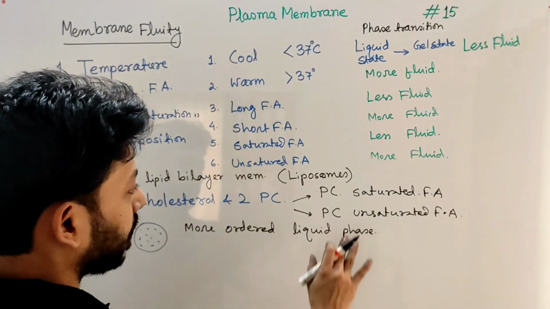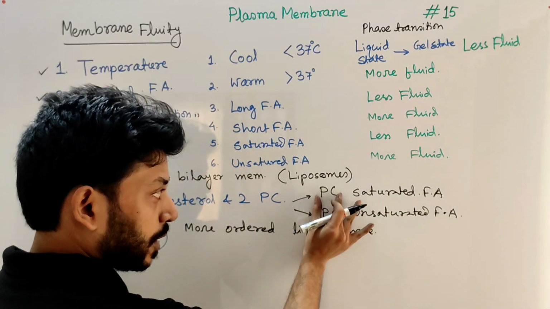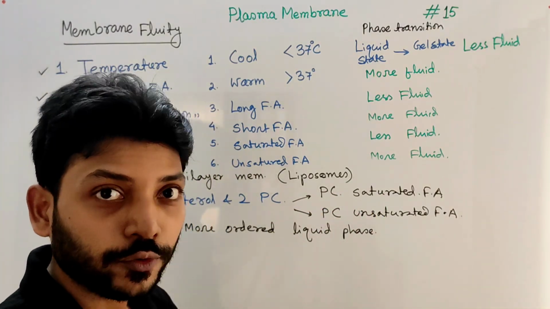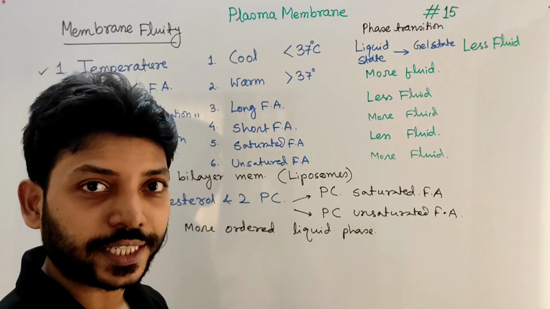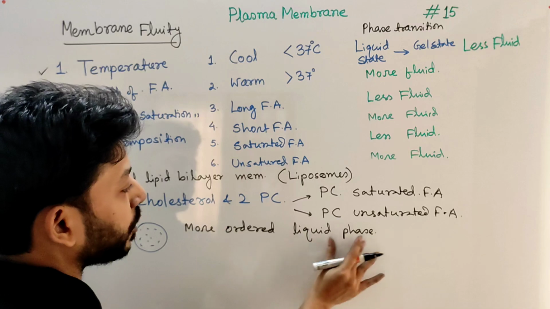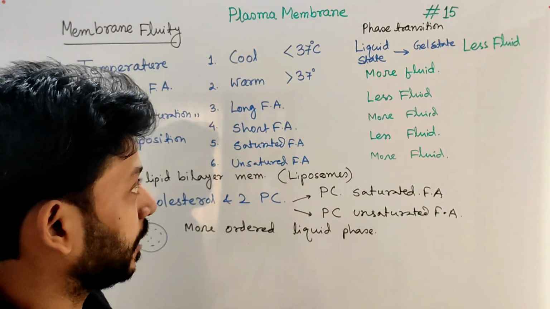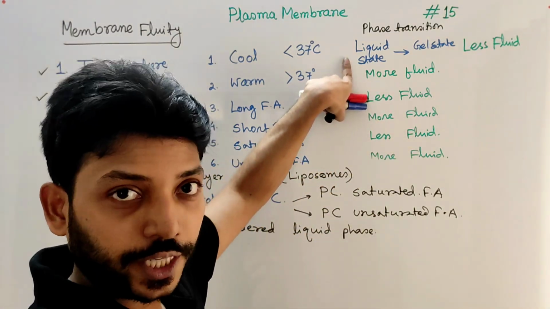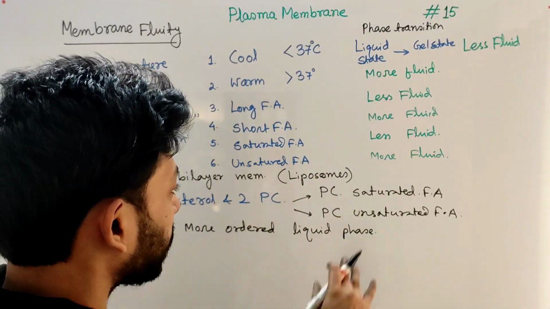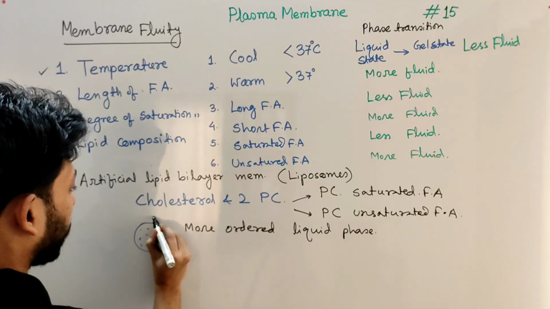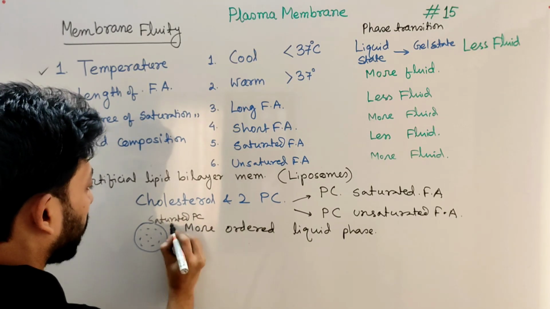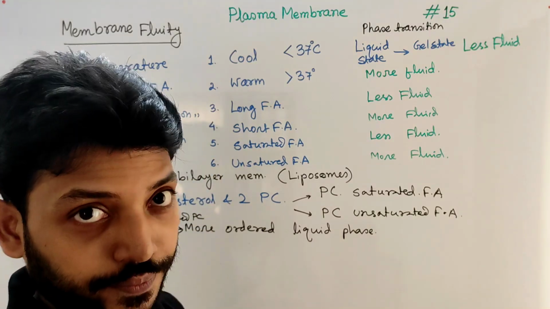But if you take lipid molecules like phosphatidylcholine only with saturated fatty acids, let's suppose this is not a long fatty acid, only saturated, then it will not make a gel state, but it will make an ordered liquid phase. Okay, you have to understand, liquid phase is one phase, gel phase is another phase, but with saturated PC it will make a more ordered liquid phase.